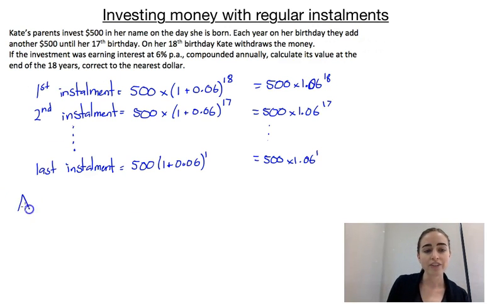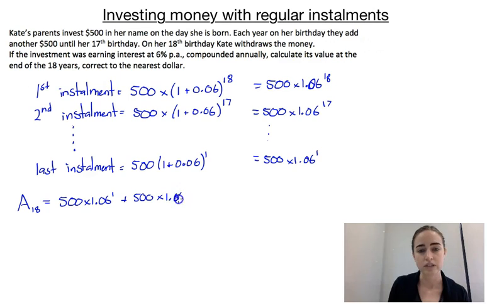Now, if we want to find the total of all those 18 terms, we're going to add them all up. So I'm going to start at the most recent one and write them backwards. So we have 500 times 1.06 to the 1, plus if we do the one that was invested on her 16th birthday, we'd have 500 times 1.06 to the 2, plus all the way up to 500 times 1.06 to the 18.